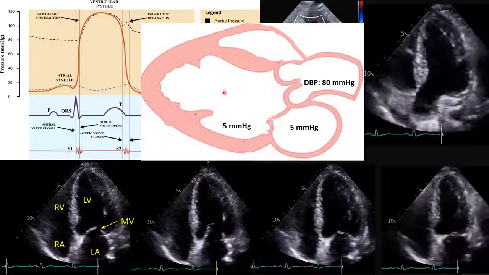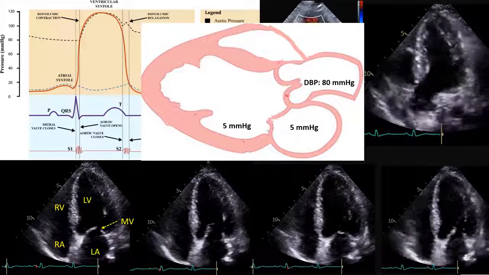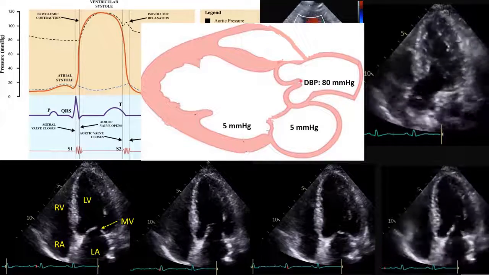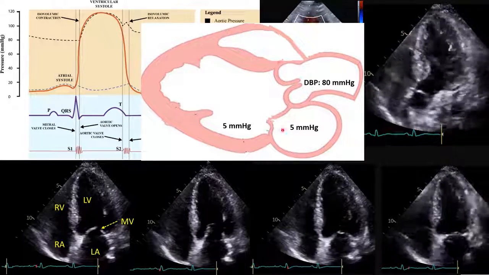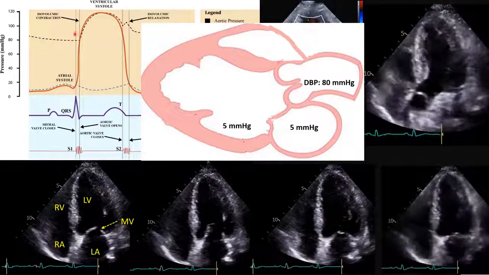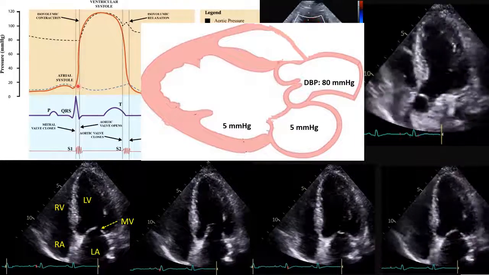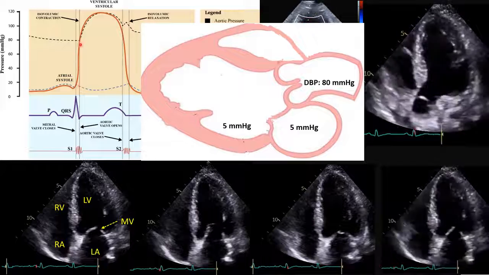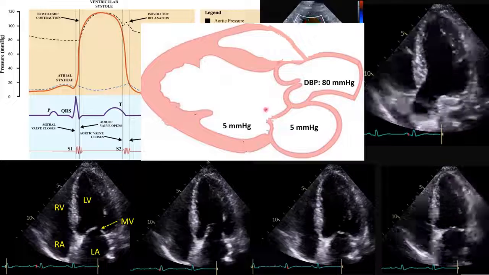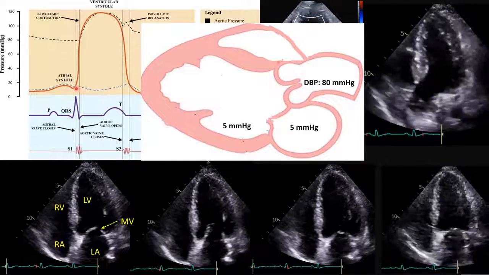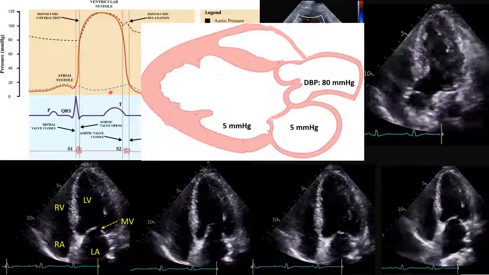This contraction increases until the pressure goes over 80, and at that moment the aorta opens. As you can see here, from the closing of the mitral valve until the pressure goes over 80, we have a timing here. During this time the aortic valve is closed, the mitral valve is closed, and blood doesn't go anywhere. We call this gap, this time, isovolumetric contraction.